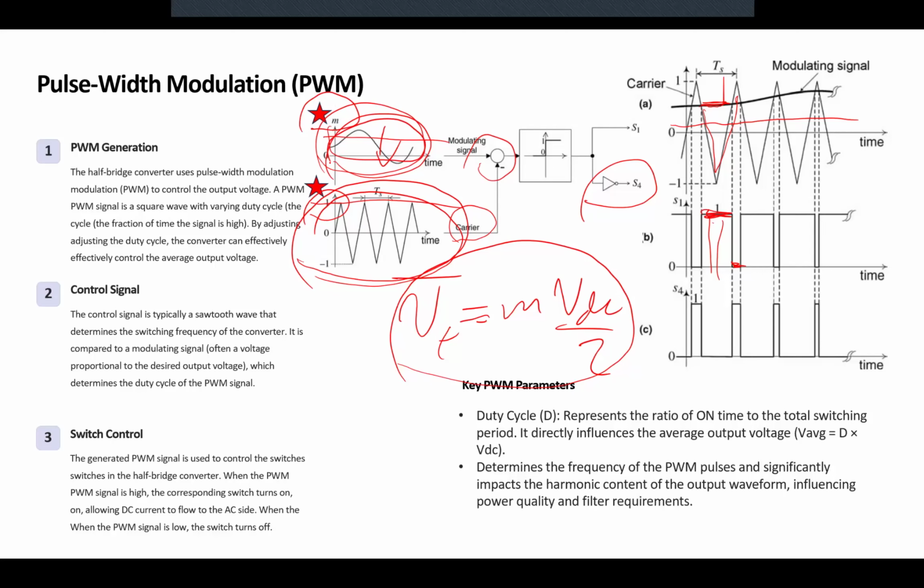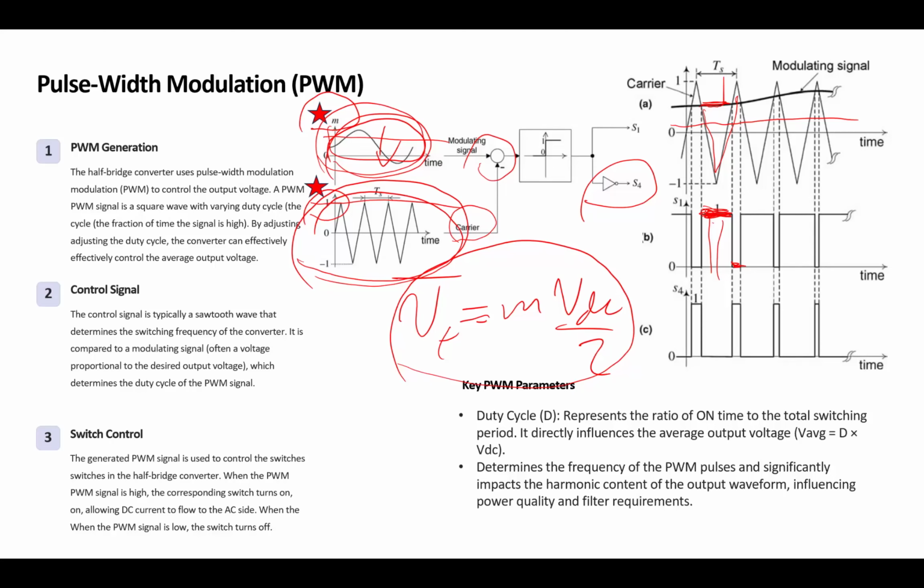What is the other thing that could change the switching ratio or cycles or width? What would affect the duty cycle? What would change the duty cycle?